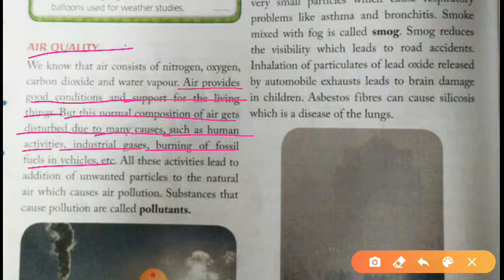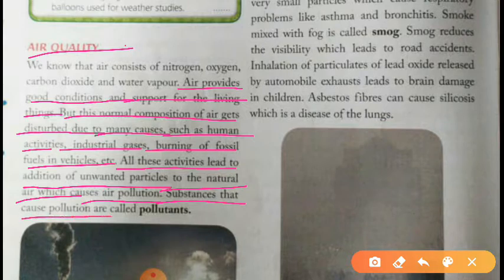As you can see, it is written: all these activities lead to the addition of unwanted particles to the natural air, which causes air pollution, and the substances that cause that pollution are called pollutants, right? So a pollutant is the undesirable or unwanted substance which is present in the air, okay? And from where does this pollutant come? They come from human activities, okay?